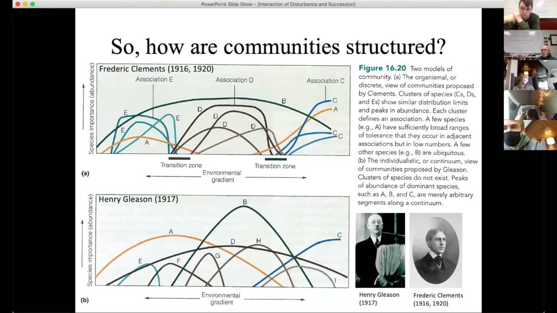And so in the long run, we tend to think more of an individualistic Gleasonian way than we do a Clementian way, although you still see these ideas coming up in papers occasionally.